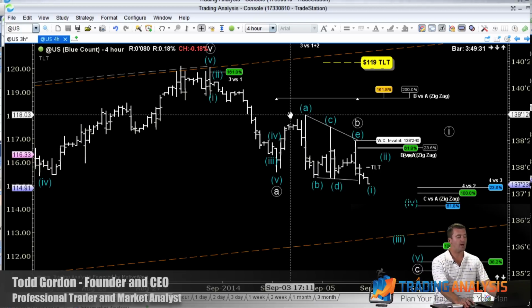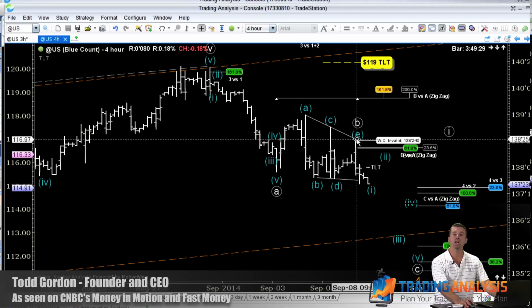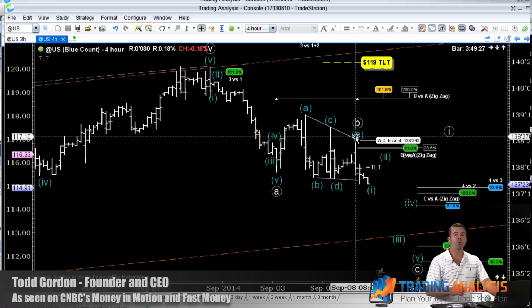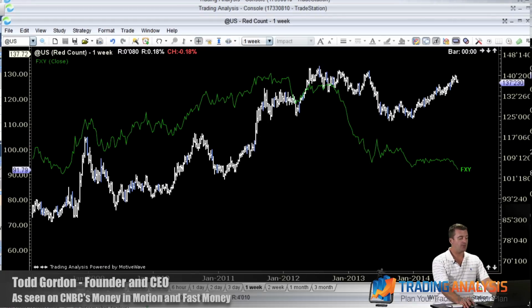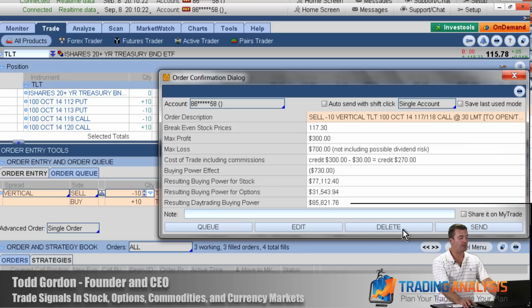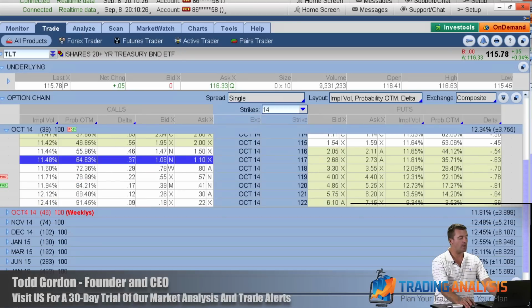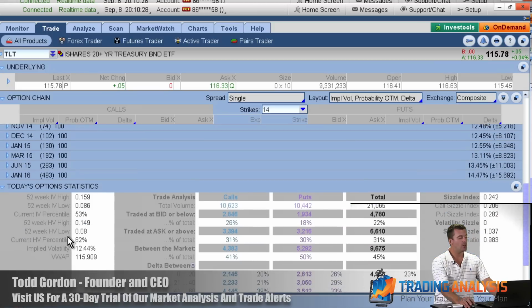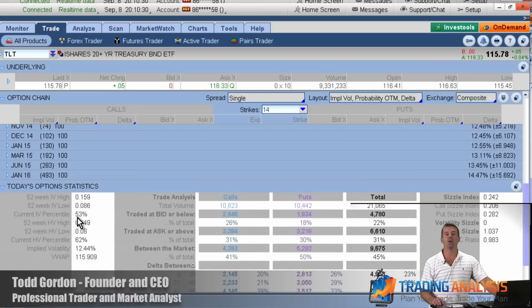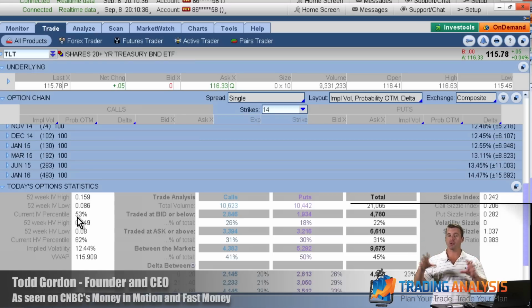So the trade we're looking to put on is to be short the 117 calls. Now remember, this is a high implied volatility market in the bond market right now. If we go to TLT, you can see that the current IV percentile is 53%. That means implied volatility is kind of rich, and it's priced in the top half of recent ranges.